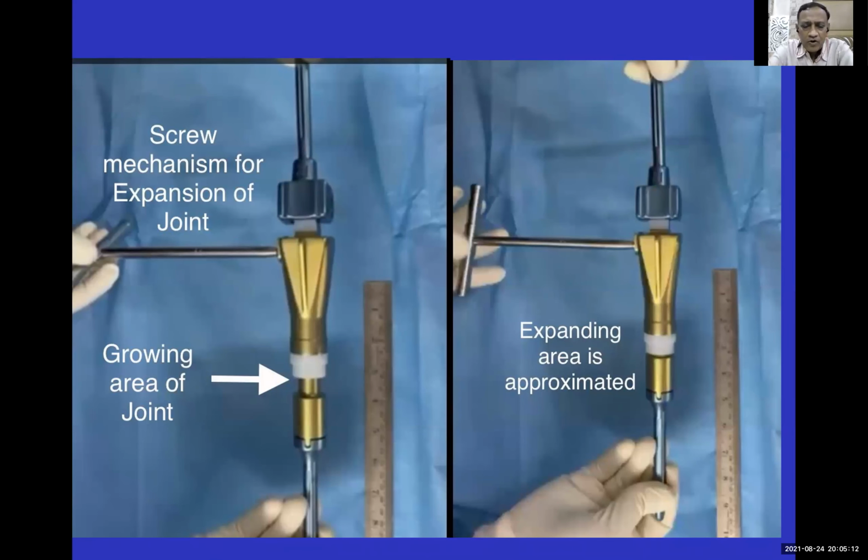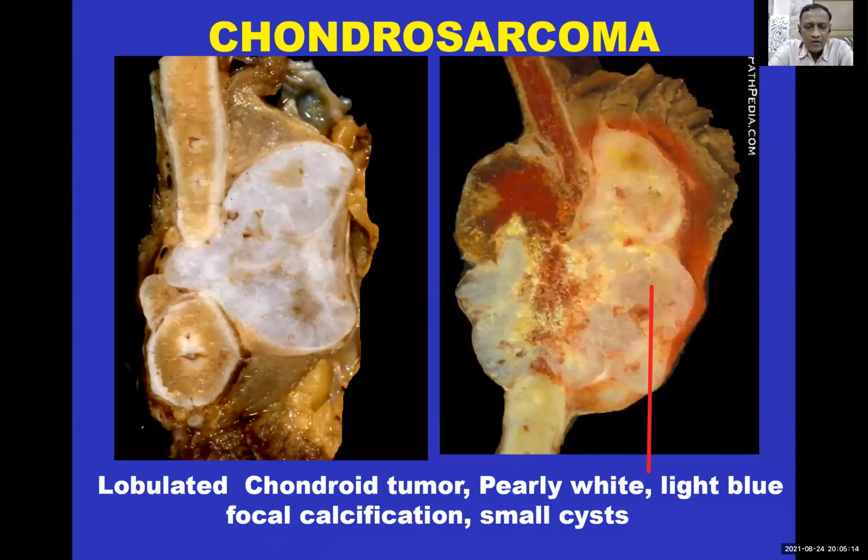Then the next specimen is of chondrosarcoma. It's a lobulated chondroid tumor, pearly white in color, or light blue and pearly white, with focal calcification like this, and small cystic areas.